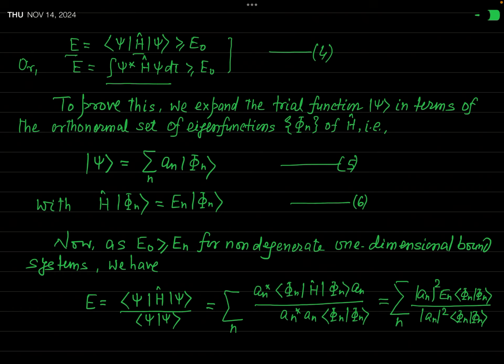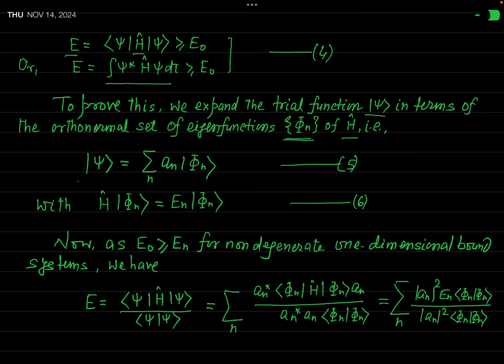Actually, for proving this, we will expand the trial function ket psi in terms of the orthonormal set of eigenfunctions phi n of the Hamiltonian. When you say this set of phi n, it means phi 1, phi 2, phi 3 and so on.